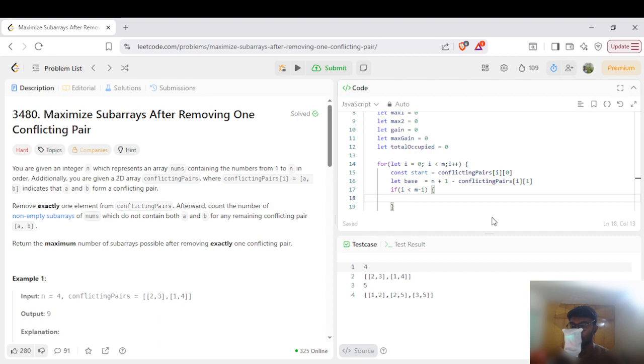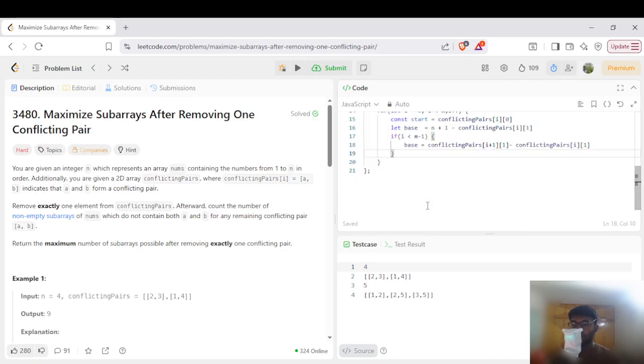So if there is a next conflicting pair, then we set the base value. Once we have the base value, we need to calculate the max gain and also the total occupied, which we are going to do this way.